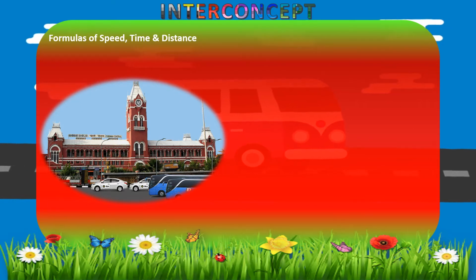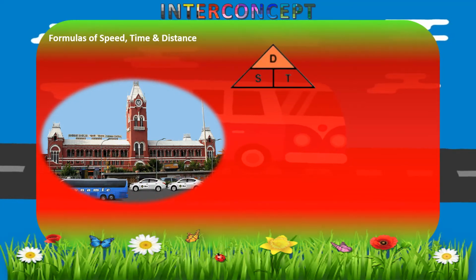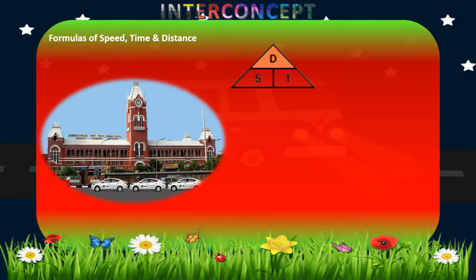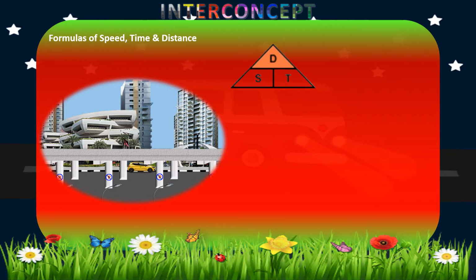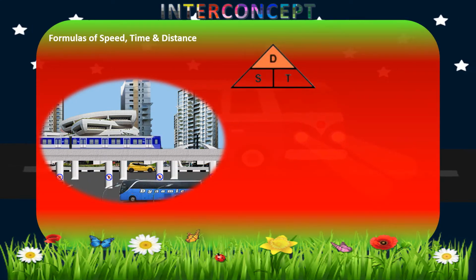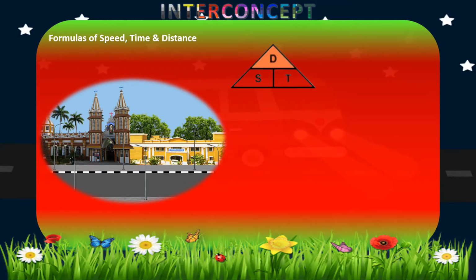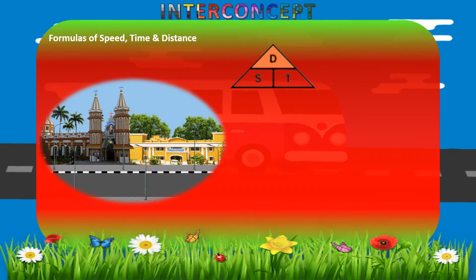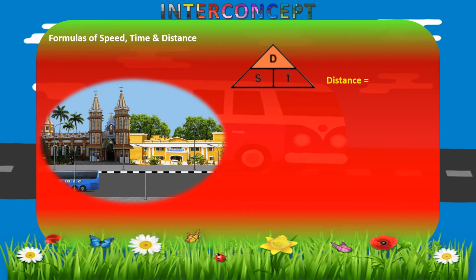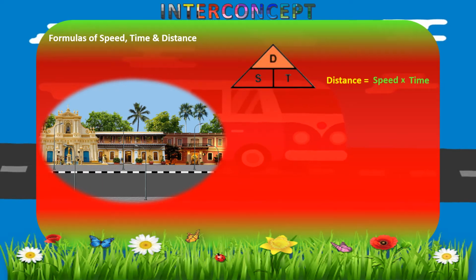Formulas of speed, time and distance. Student, see the triangle. Here we have D, S and T. D denotes distance, S denotes speed and T denotes time. Now we have to find out the formula. Distance is equal to speed into time.